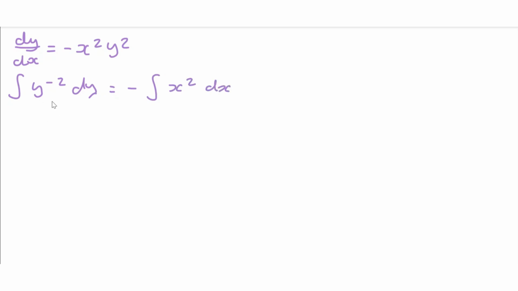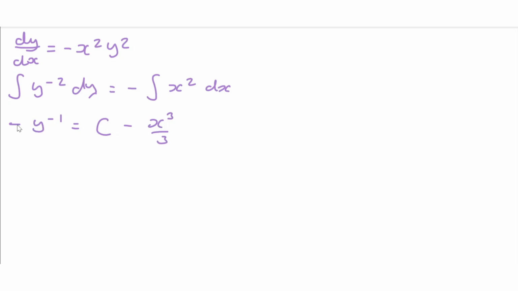So this integrates by increasing the power by 1 and then dividing. So we get minus y to the power of minus 1. This is equal to, I'm going to add my constant of integration at the front here, and then we get minus x cubed over 3.